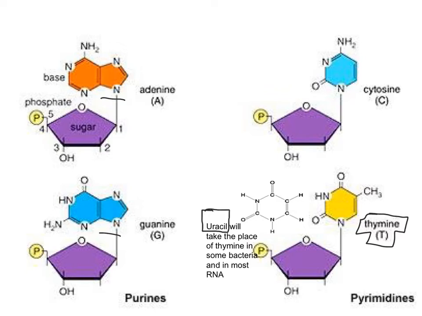You have this extra carbon. So here in thymine you have an extra carbon. Here in uracil it just bonds to hydrogen there. So that's the difference between the thymine and the uracil.